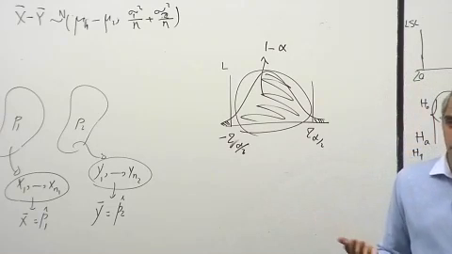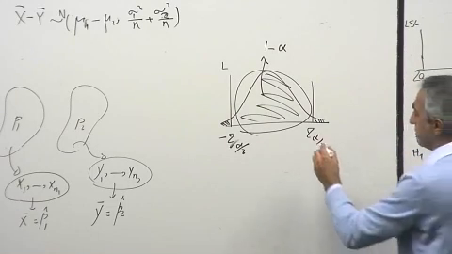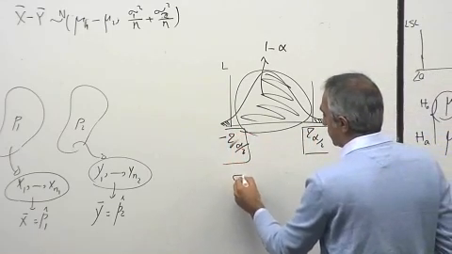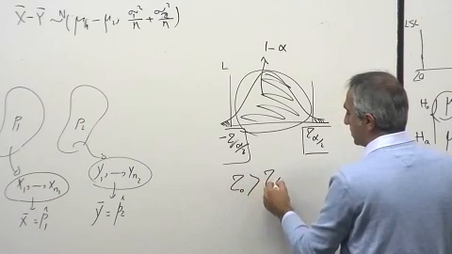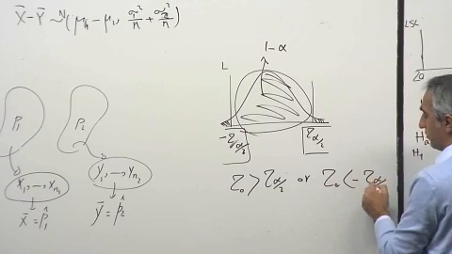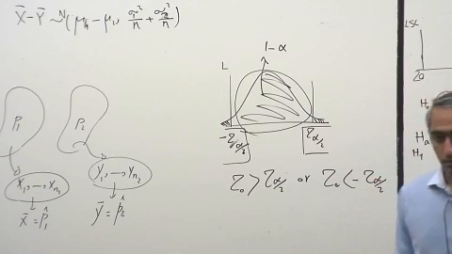So you usually define your rejection region when your Z0 is greater than Z alpha over 2, or Z0 is less than minus Z alpha over 2, okay?